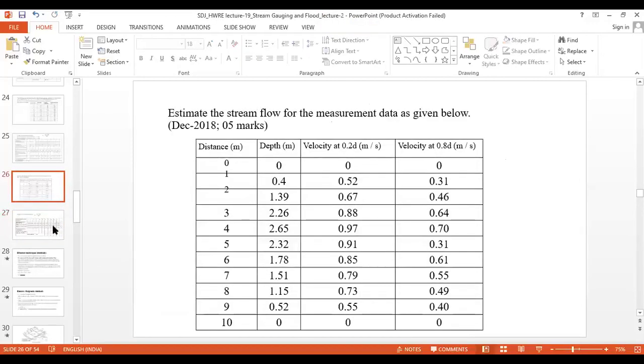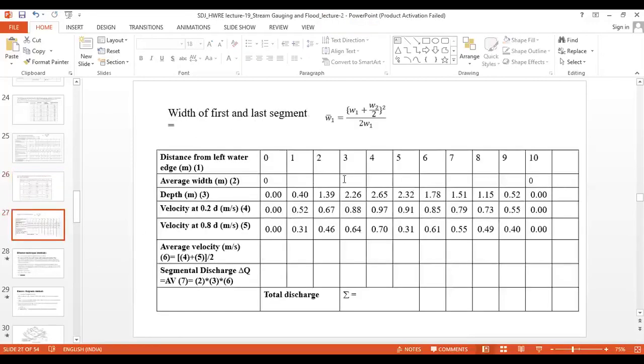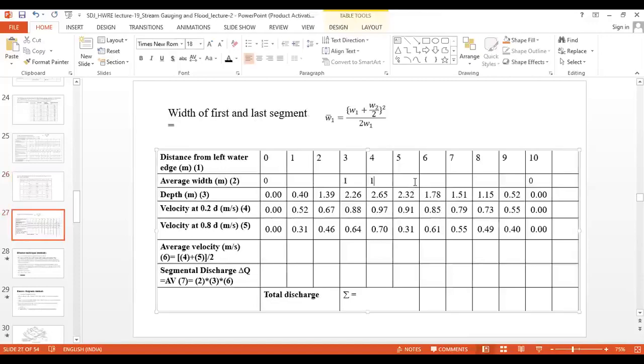Clear? First and last will be 0. Then in between will be 1 meter, 1 meter. Why 1 meter? Because to the left hand side of 2 there is 1, means 1 meter is there, and to the right hand side of 2 there is 3, means 1 meter is there, and half of them means 0.5 plus 0.5, that is 1 will be there.